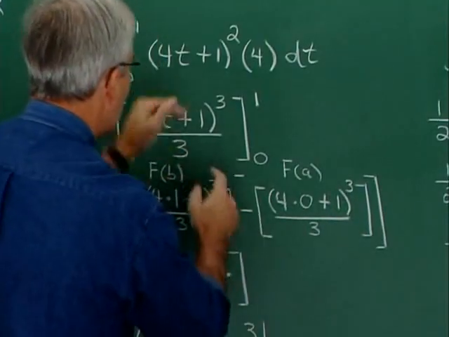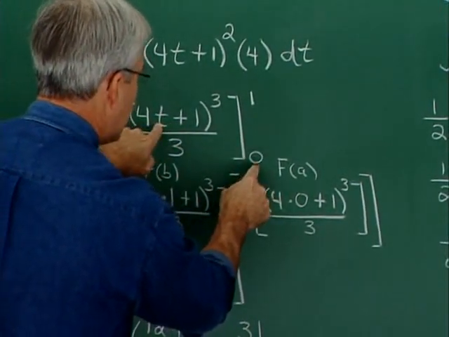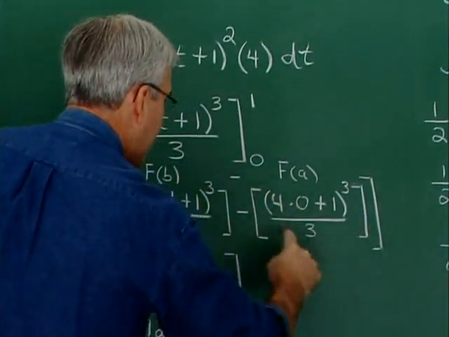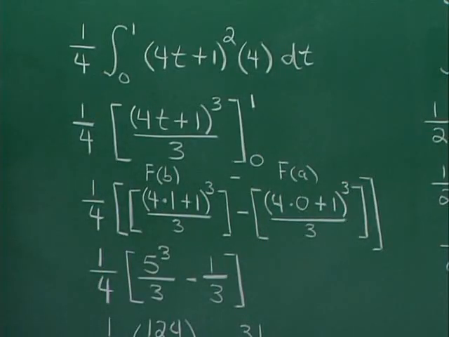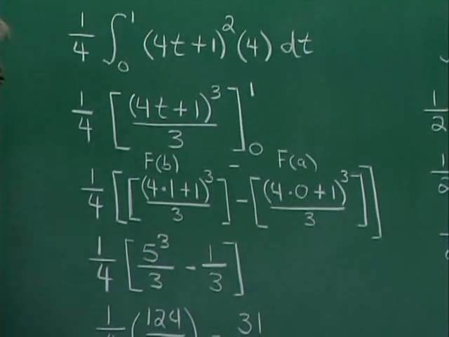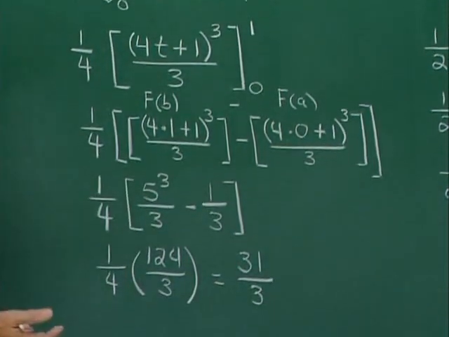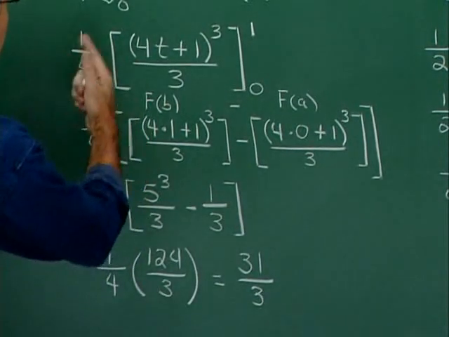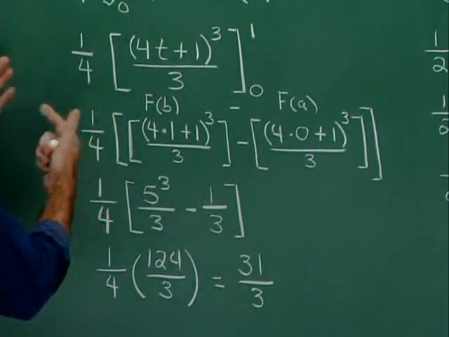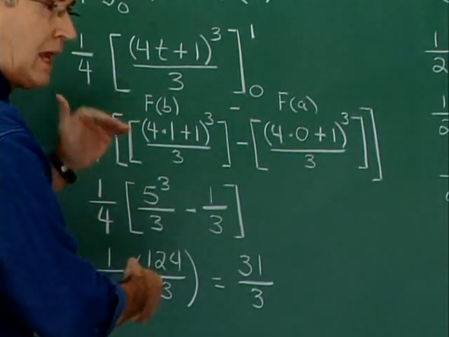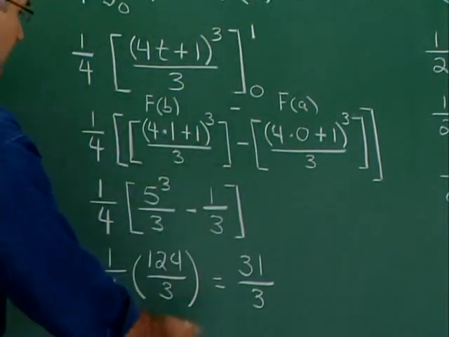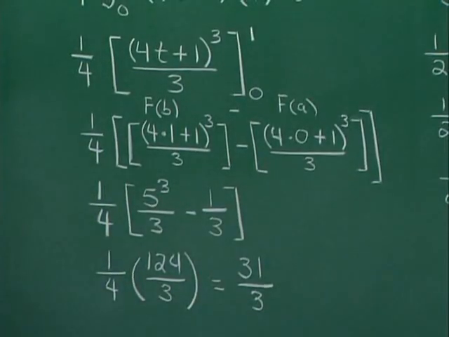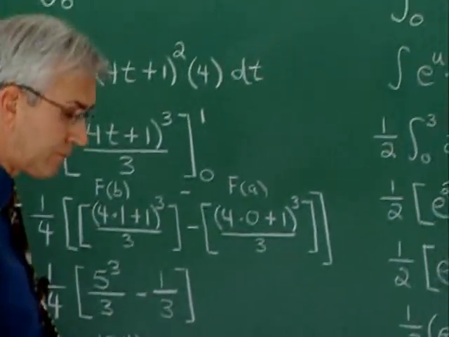And over here, we're replacing t with the 0, you see, and everything else comes down. And now we evaluate. I'm not going to go through every little step in the evaluation process. I think we can see through that rather easily. It turns out that the area under this curve, or between the curve and the x-axis and within the interval, is 31/3.